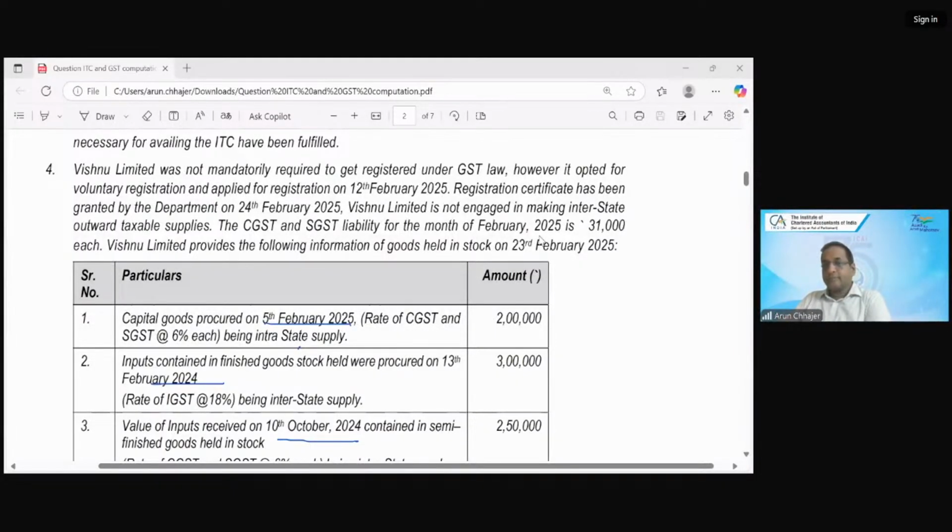Okay. To avail the ITC. To claim the ITC on the closing stock before registration.